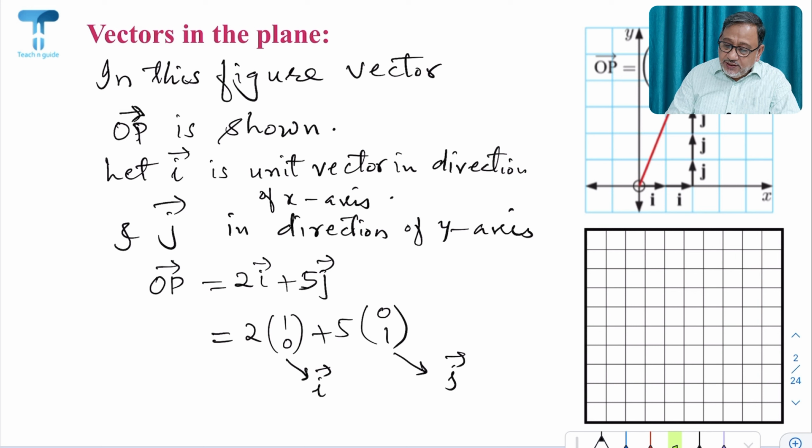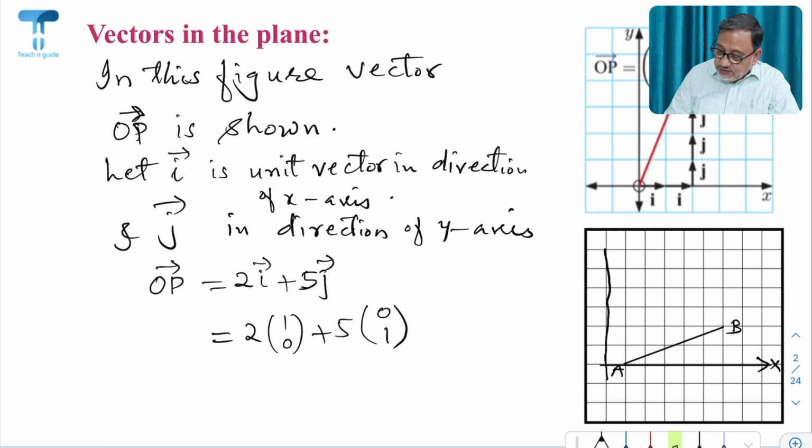In the same way, if you want to find any other vector, let me draw a vector here. Suppose this is a vector from A to B. Now let us call this the x-axis, and let us call this the y-axis.